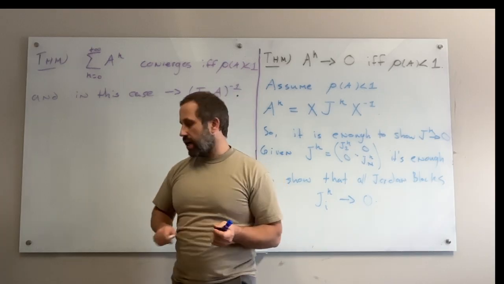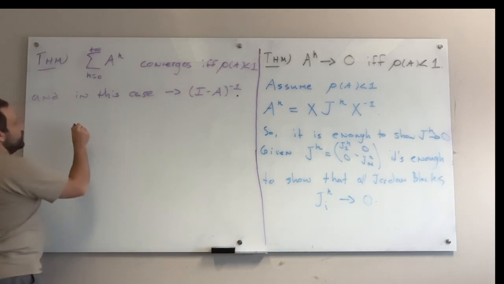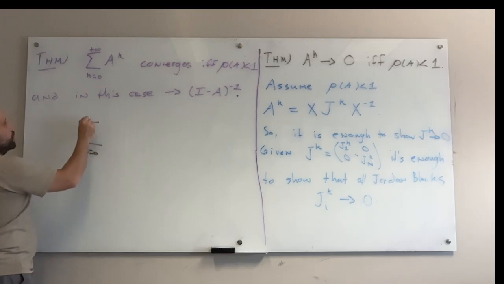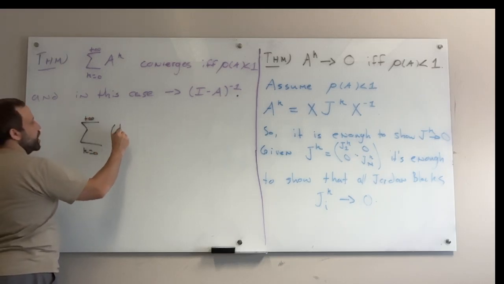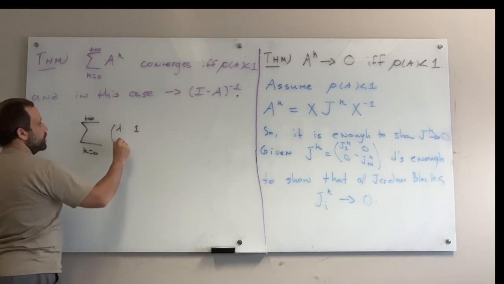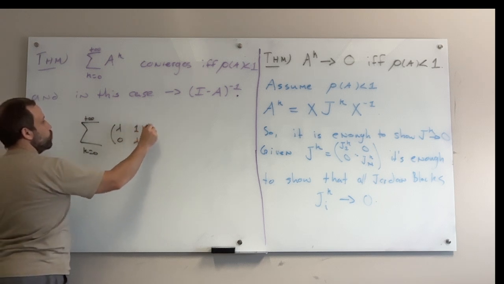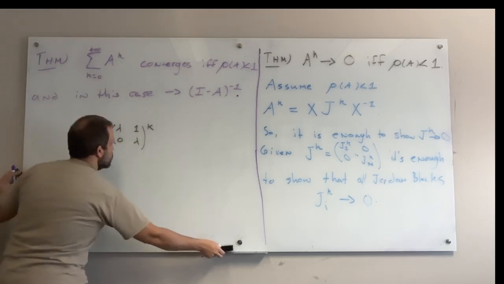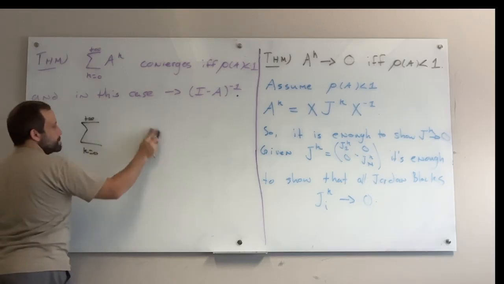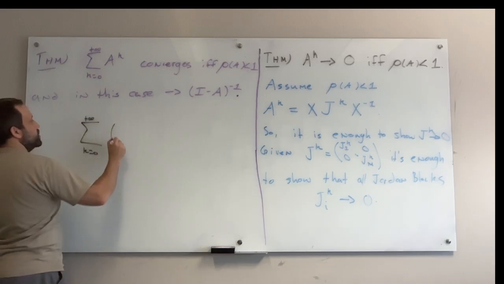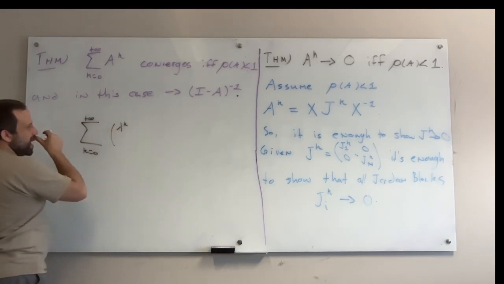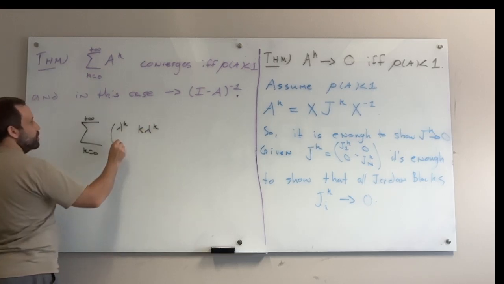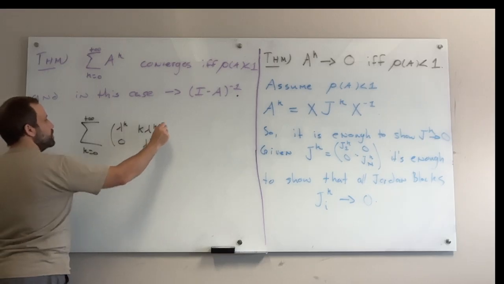Because what are you going to get, like for a 2 by 2, if you look at the sum from k equals 0 to infinity, of just one Jordan block, lambda 1, 0 lambda? When I raise this to the power of k, I'm going to get lambda to the power of k, k lambda to the power of k, 0, lambda to the power of k.